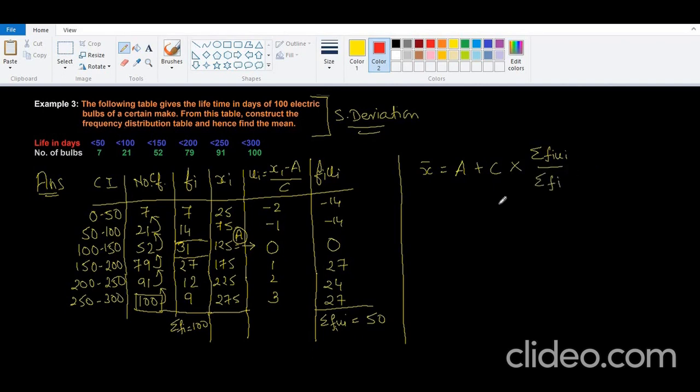Now if you see here, class length is 50, assumed mean we have taken as 125. So 125 plus 50 multiplied by the addition of those FiUi, which is 50, and the summation of all the frequencies, that is 100. So you get 125 plus 2500 upon 100.